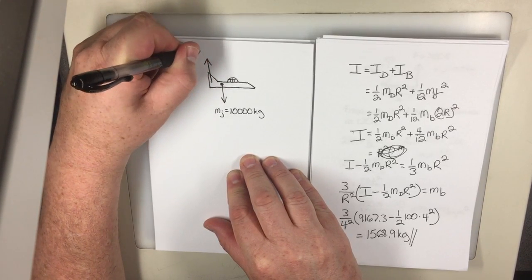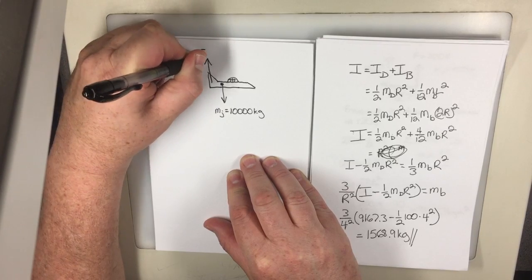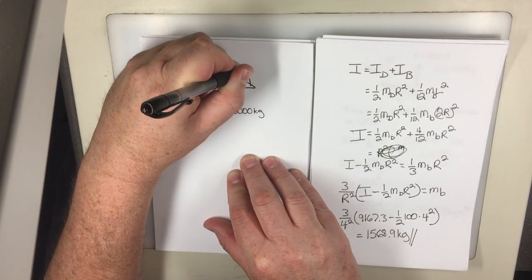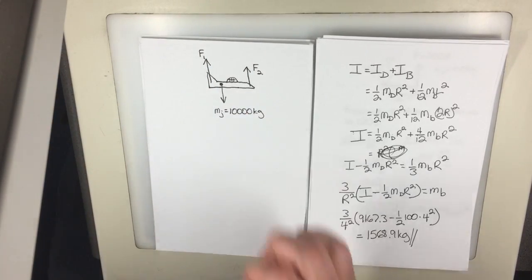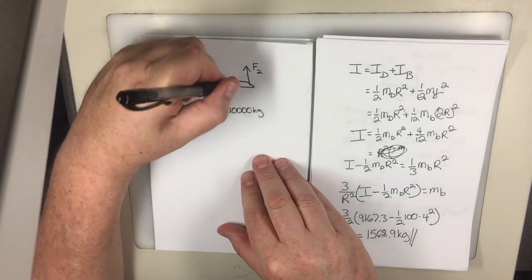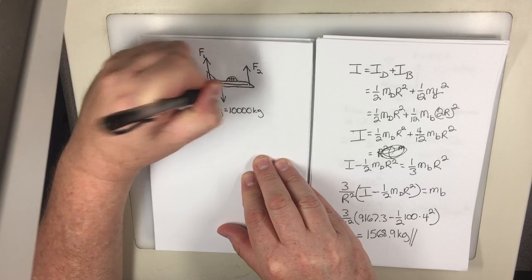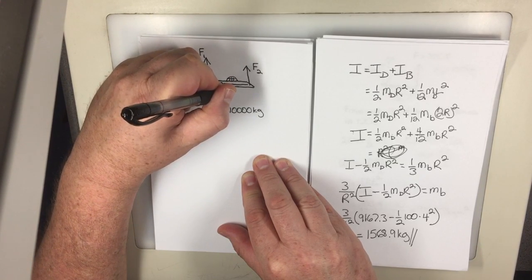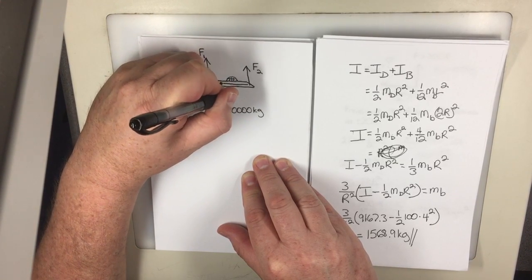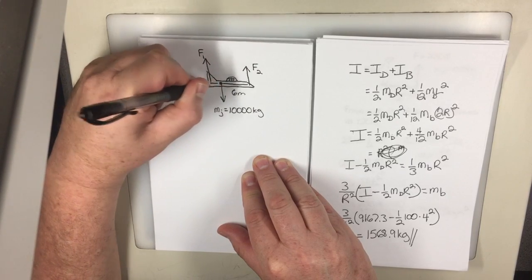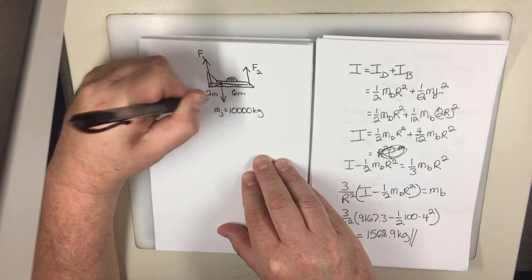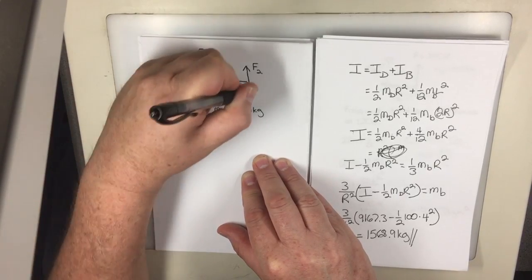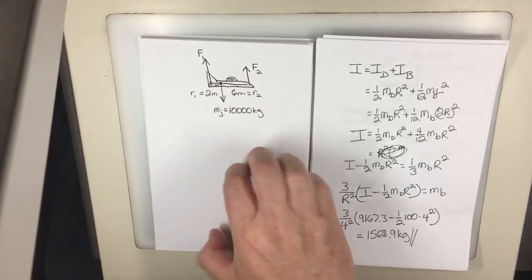One is here, and the other one is there. And I give you that the distances from there to there is 6 meters, and the distance from there to there is 2 meters. And we'll call that R1 and R2.